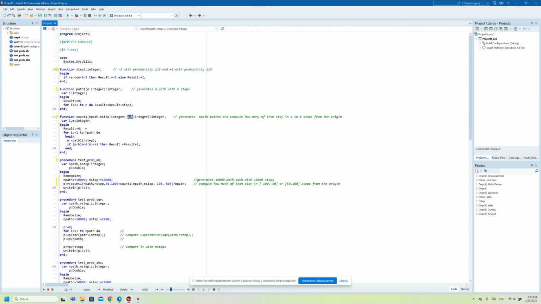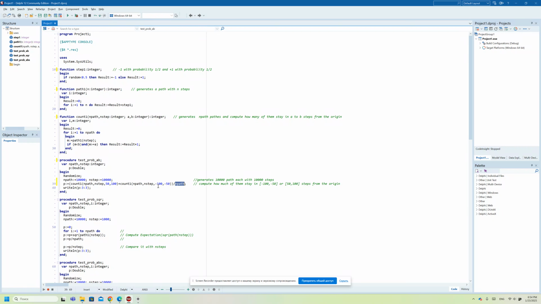For our example, we generate 10,000 paths with 10,000 steps and compute how many of them stay between 50 and 100 steps and -100 and -50 steps. After that, we divide this number of counts by the number of generated paths. This exactly gives us the probability that random walks stay between 50 and 100 steps.